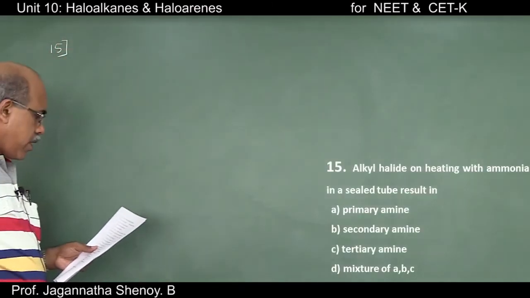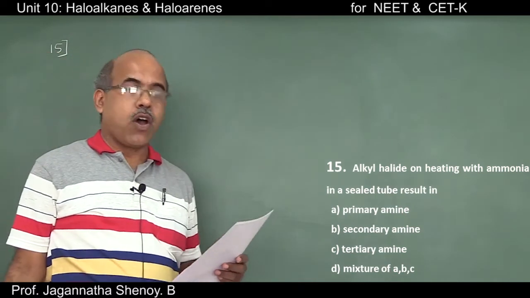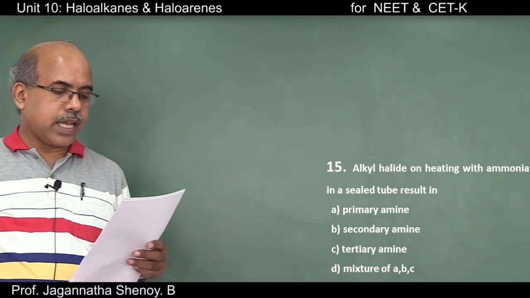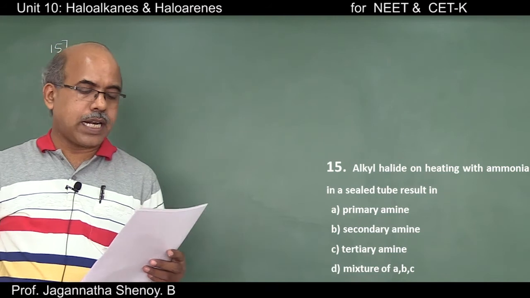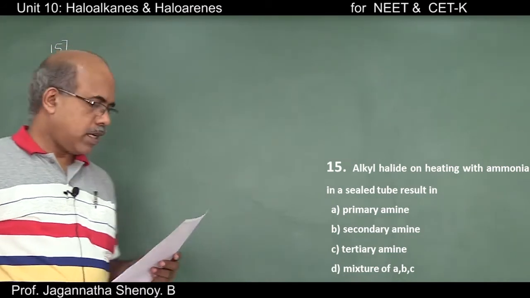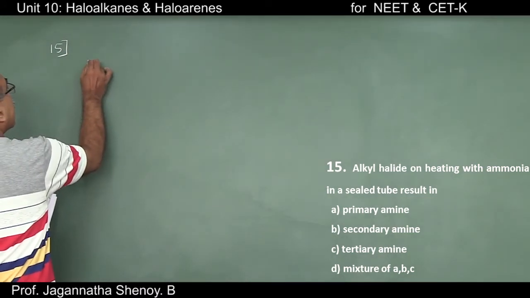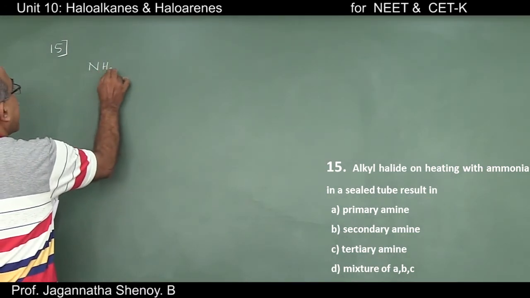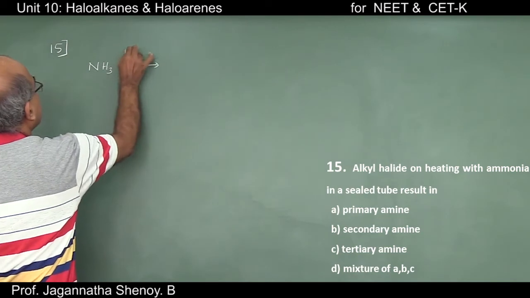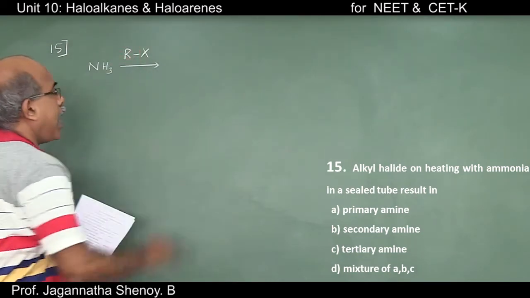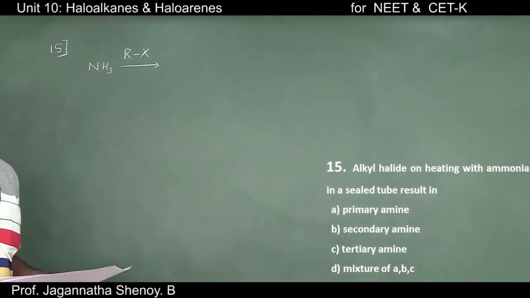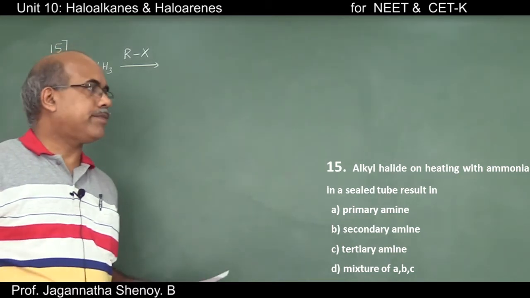Question is, alkyl halide on heating with ammonia in a sealed tube results in. So let us just consider this. I'll start from ammonia. So ammonia is NH3. I'm going to heat it with an alkyl halide in a sealed tube under pressure.